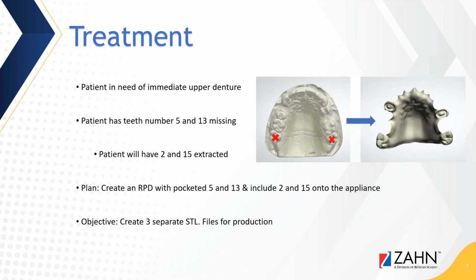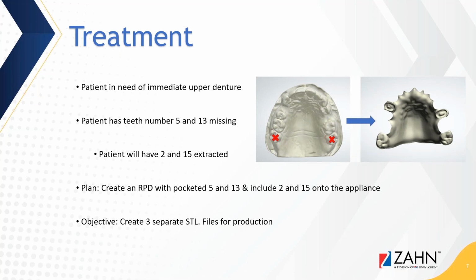For this particular segment, we will be using the treatment as you see on screen. So I will only use the upper model for time sensitivity purposes. And what we will be doing, we will aim for an immediate upper denture.